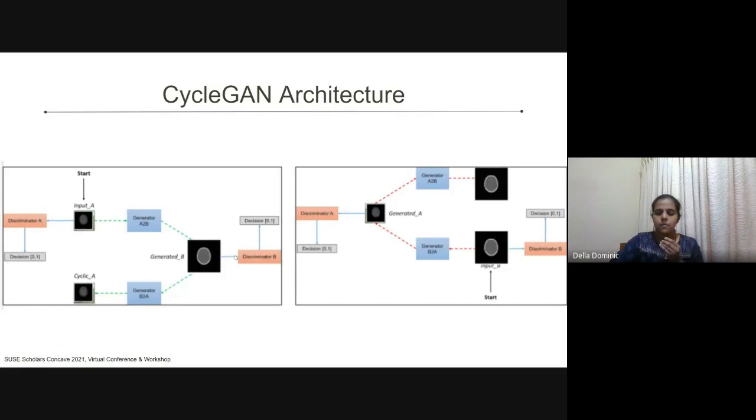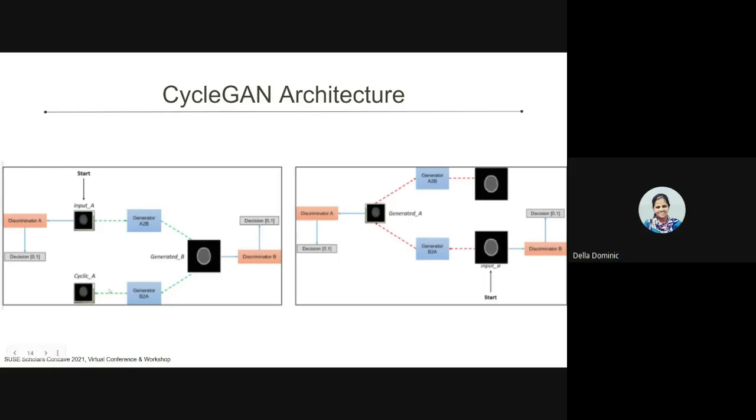Both these images, the generated image and the reconstructed image, are tested or discriminated by the two discriminators as real or fake. That is, the generated CT image is classified by discriminator B, which is trained on real CT images, and the reconstructed MRI image is classified as real or fake by discriminator A, the discriminator for MRI, which is trained on real MRI images.